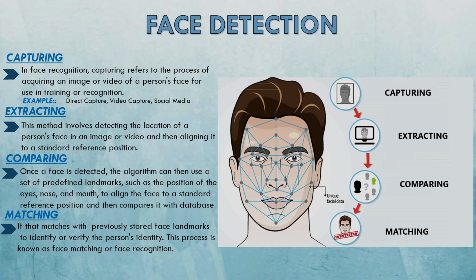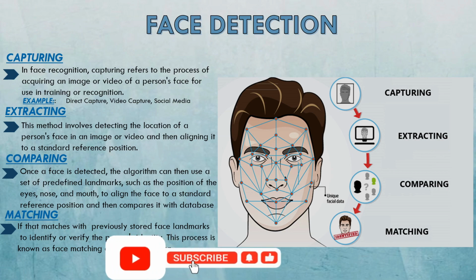This comes under step 1, capturing, and the second step is extracting. Now what we have to do is extract the data from the face, that is face alignment or position, eyes position, mouth position, etc. These are extracted from the image or video we have been provided.